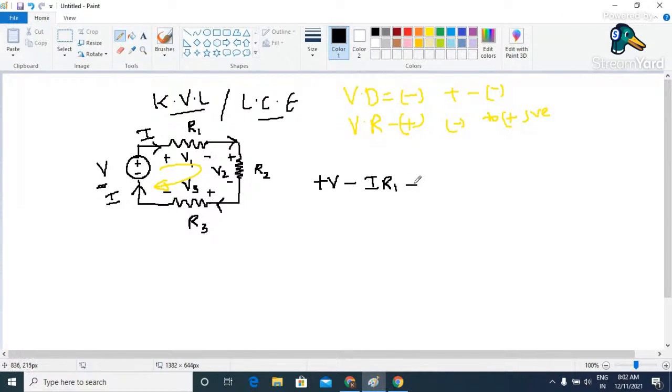In the same way, when we are moving through this, again we are going to experience a drop, positive to negative in the direction of current. So minus I into R2. In the same way, when we are moving through this element, again we are going to experience a drop, positive to negative. So minus I into R3. This is going to be equal to 0.